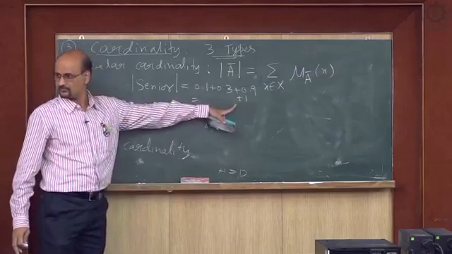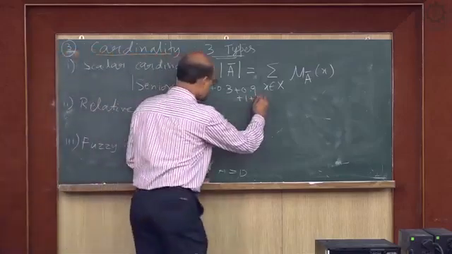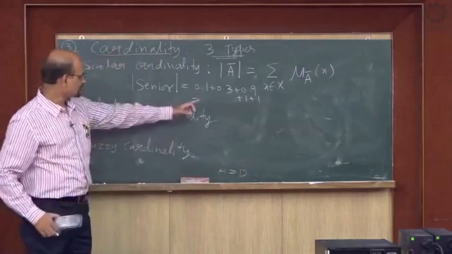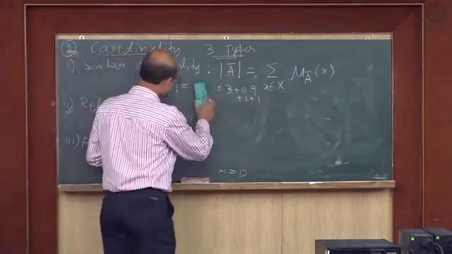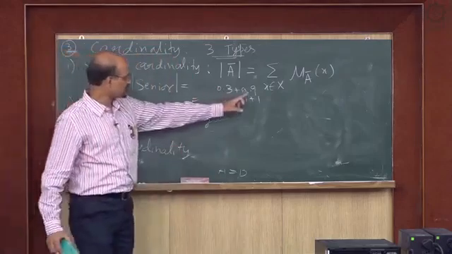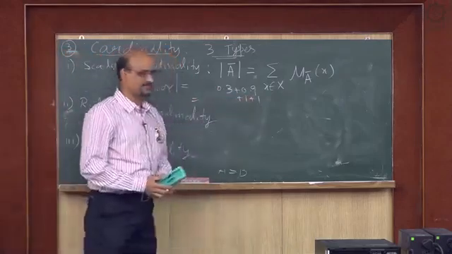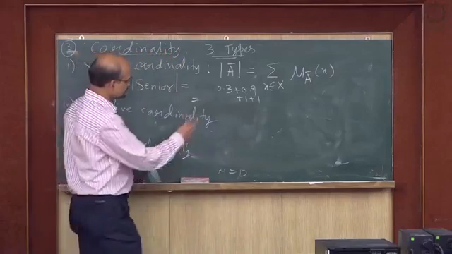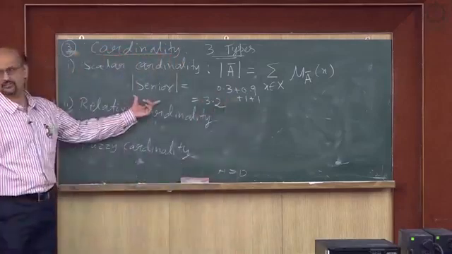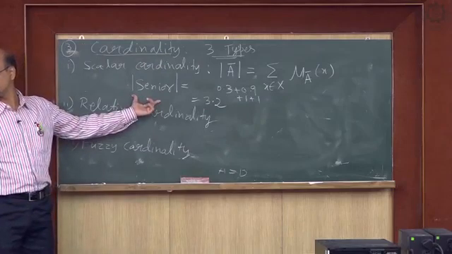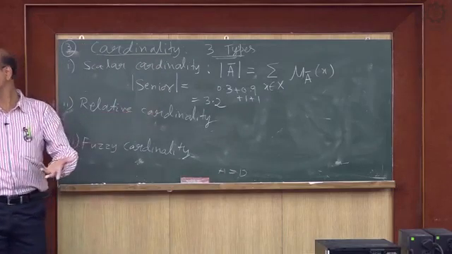So, 0.3 plus 0.9 plus 1 plus 1, what is that? 3.2. So, this is the cardinality for this senior fuzzy set. Very easy. Just add the membership functions.